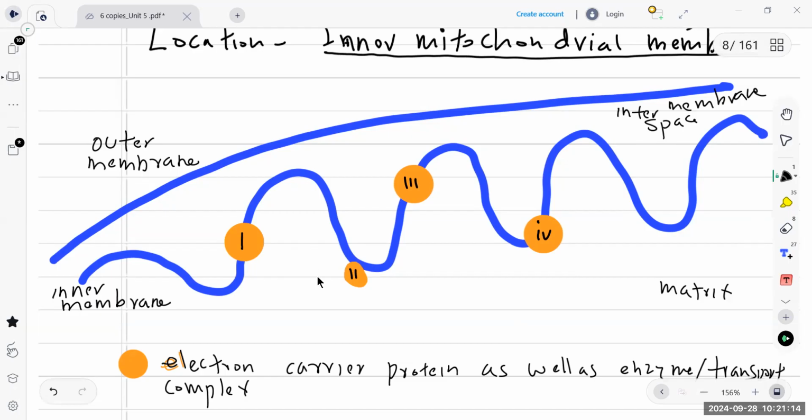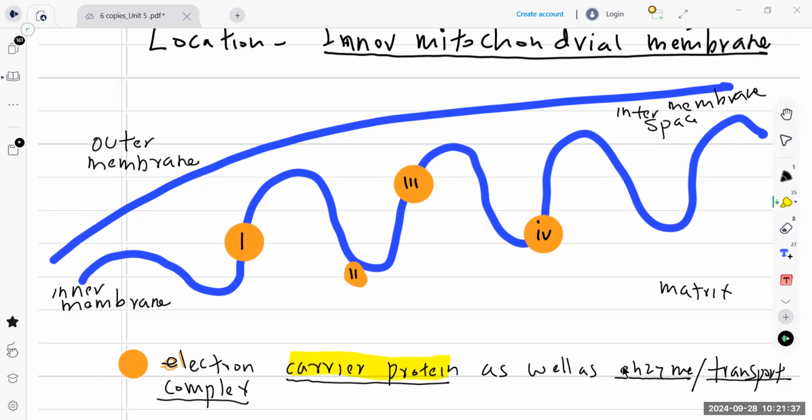These proteins have multiple functions. They can carry electrons, they can act as enzymes, and they can also act as transporters. So they are complex, multifunctional proteins that do electron carrying, enzyme action, and transport.